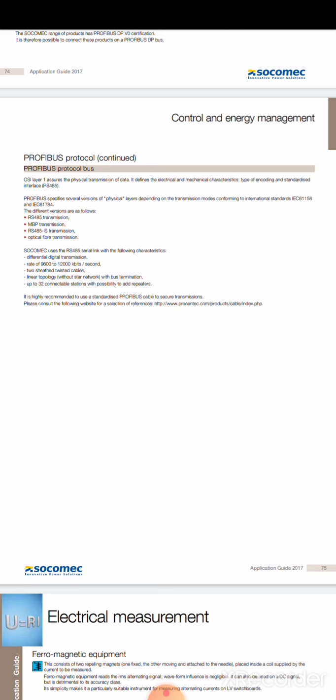The different versions are as follows: RS485 transmission, MBP transmission, RS485-IS transmission, optical fiber transmission.